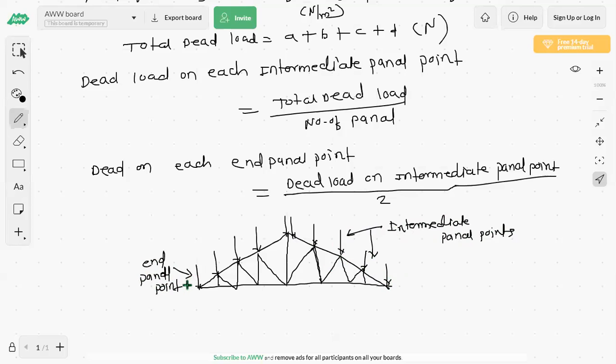So this is the end panel point, this is the end panel point.